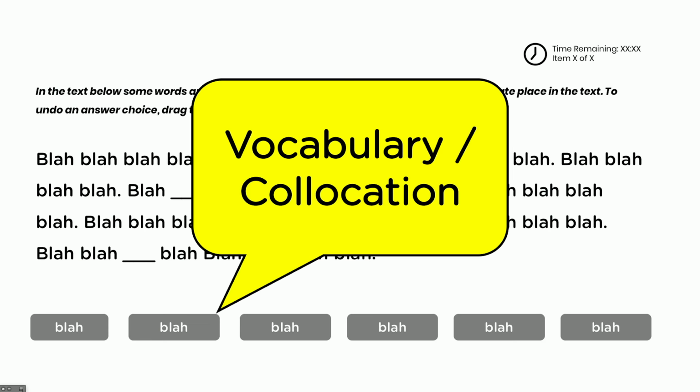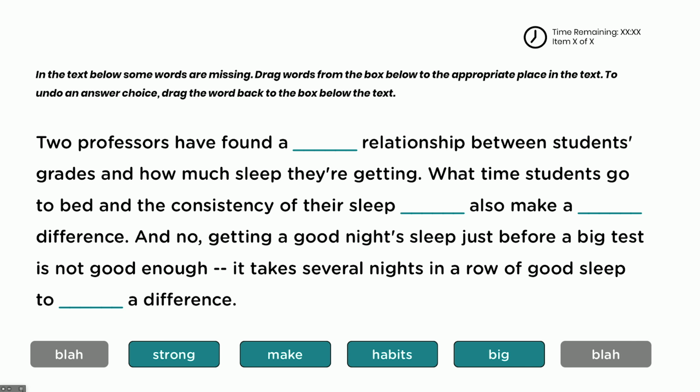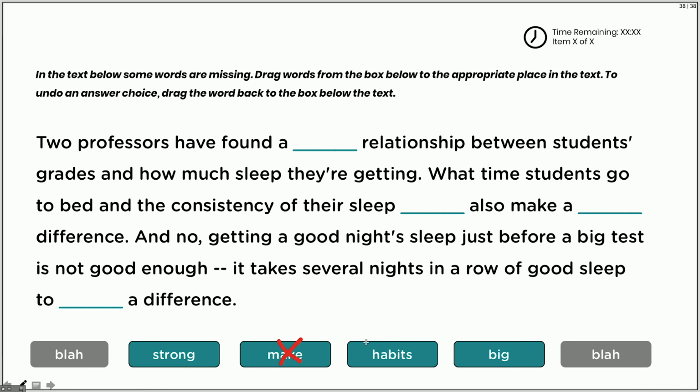So let's have a closer look at the collocations here. Okay, let's look at this one here. Two professors have found a something relationship. What's the collocation? Is it strong relationship, make relationship, habits relationship, or a big relationship? Well, we can immediately eliminate make and habits because they don't really work grammatically.